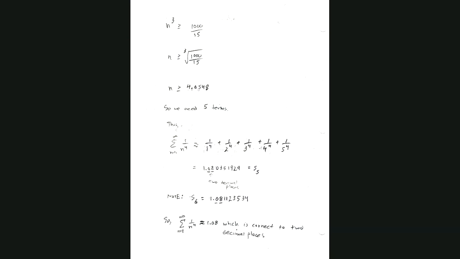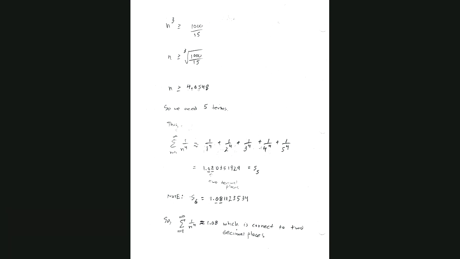Okay, n cubed is greater than or equal to 1,000 over 15. Therefore, n is greater than or equal to the cube root of 1,000 over 15. If you take the cube root of 1,000 over 15, you should get 4.0548.